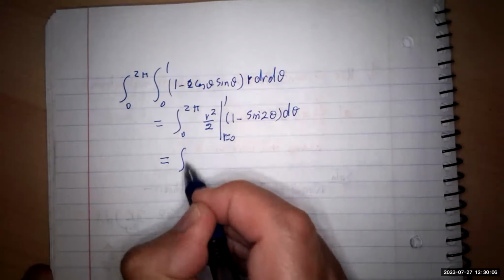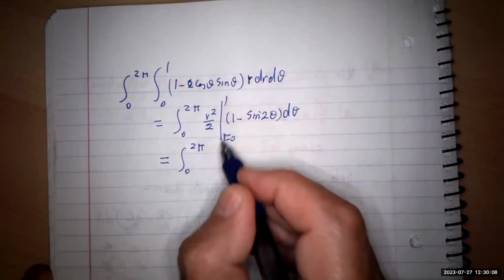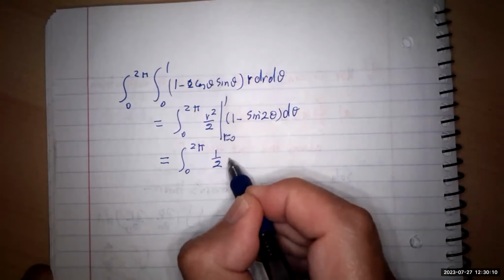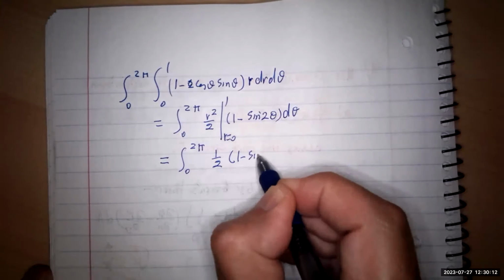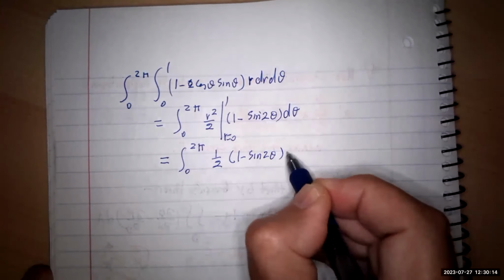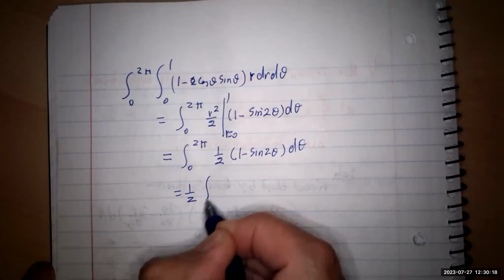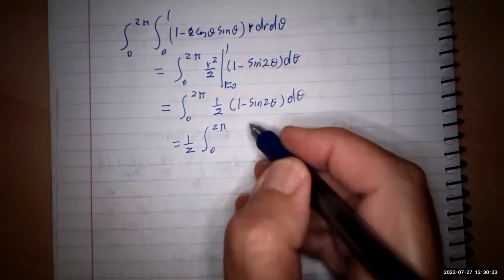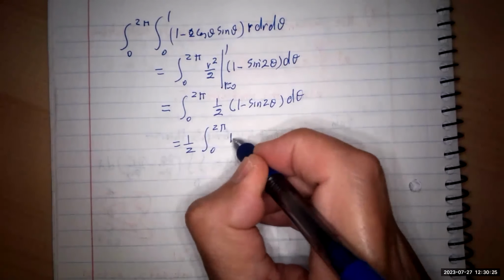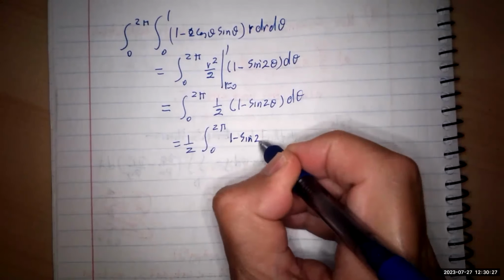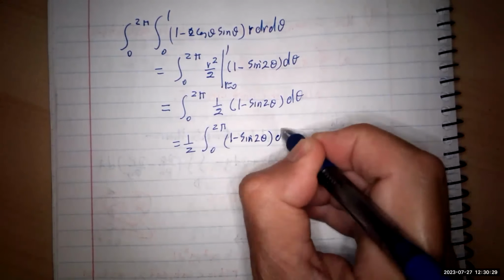So it's going to be 0 to 2 pi, and that is going to be 1/2 times 1 minus sine of 2 theta, d theta. You can pull out the 1/2, so that's 1/2, integral from 0 to 2 pi of 1 minus sine of 2 theta, d theta.